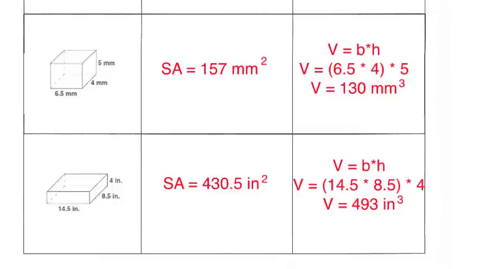For problem number 3, the surface area is 157 square millimeters, and the volume is 130 cubic millimeters. For the fourth problem, the surface area is 430.5 square inches, and the volume is 493 cubic inches.